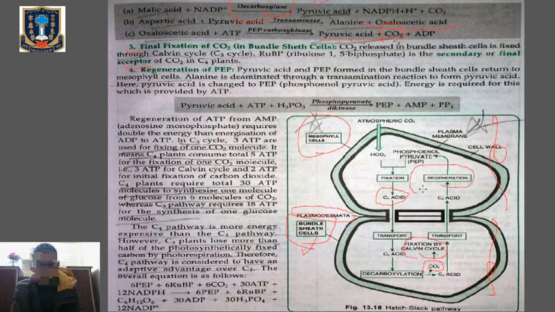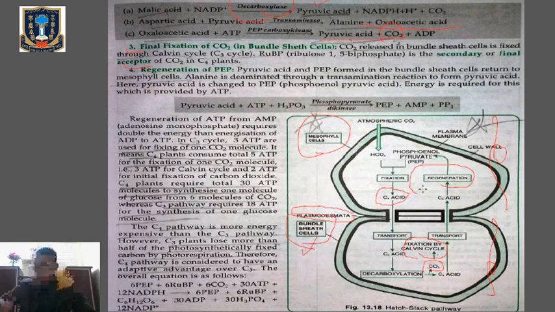Okay, since the photosynthetically fixed carbon will be lost by photorespiration in the C3 pathway, the C4 pathway is considered to have a more adaptive advantage over the C3 pathway. But remember that in the C3 pathway we require 18 molecules of ATP to synthesize one molecule of glucose.